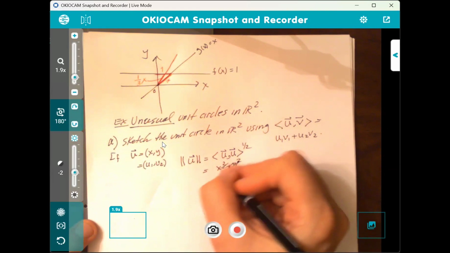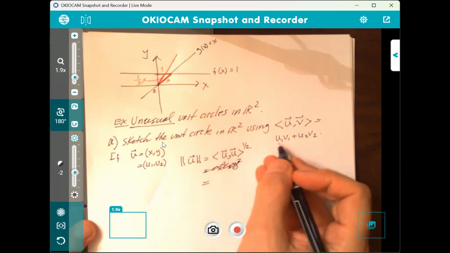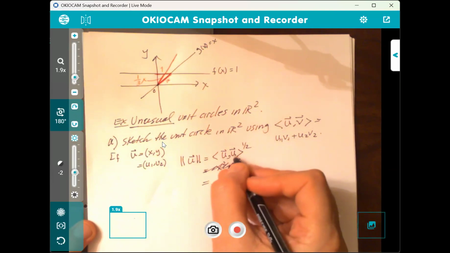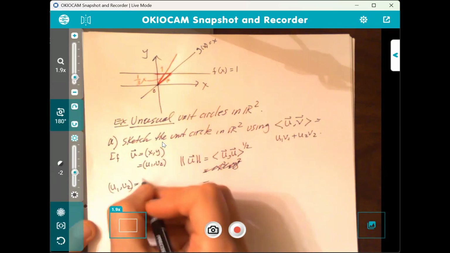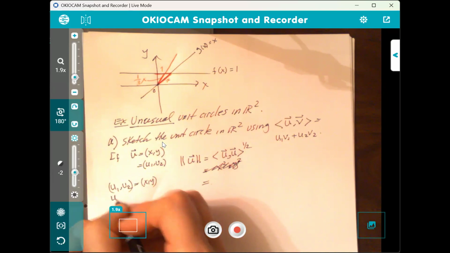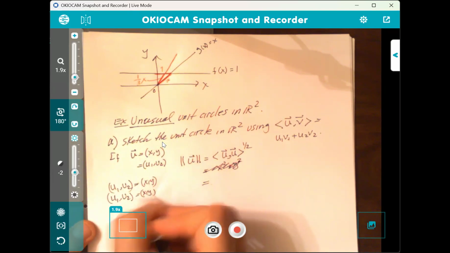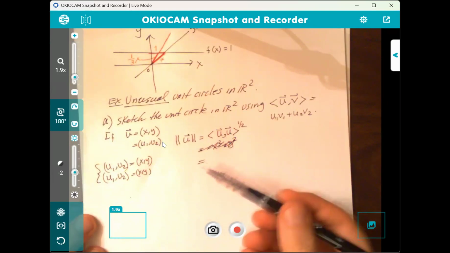Maybe let me put more steps in here for you. So for this one, again, how are we going to do this? This is u1, but then times itself. This is xy. We're going to dot it with itself. That's why I'm writing it twice, because we're about to dot it with itself. So what are we going to do?